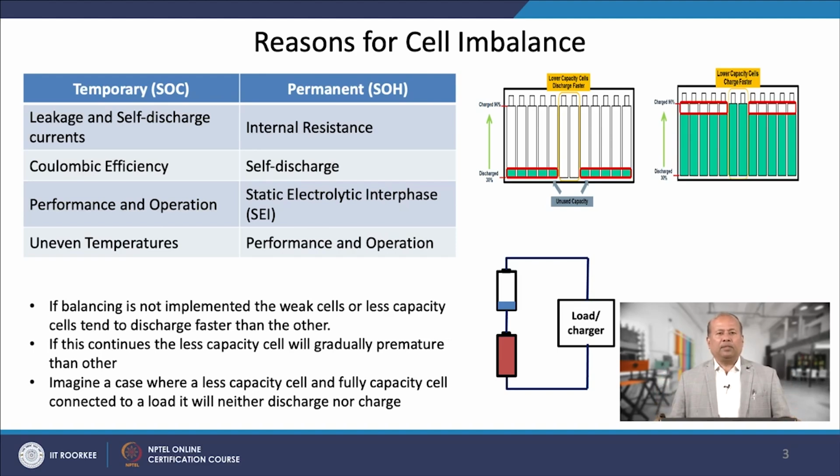Cell imbalance can be categorized majorly into two types. First one temporary and the second one permanent.